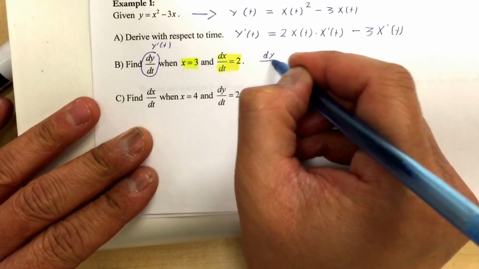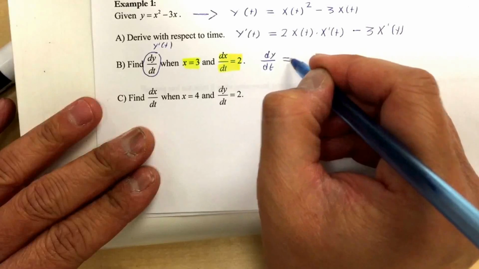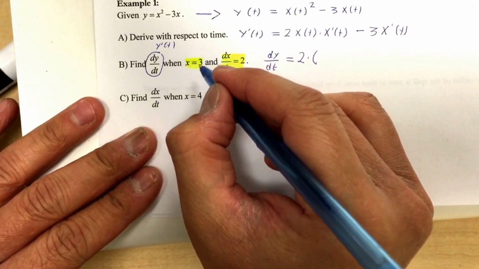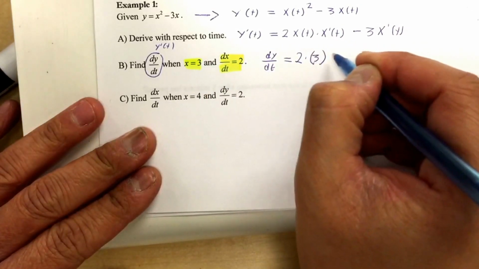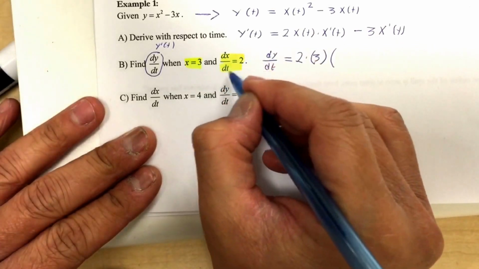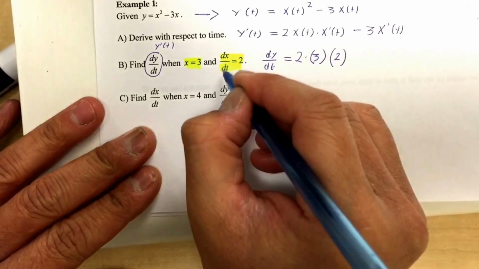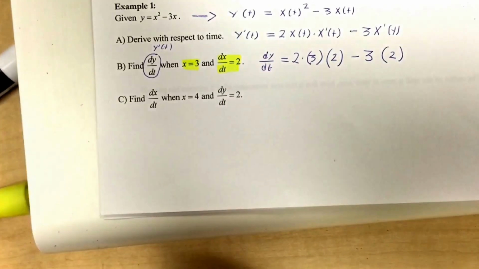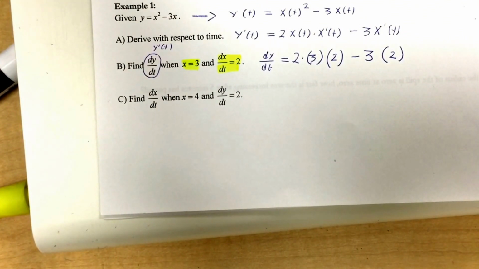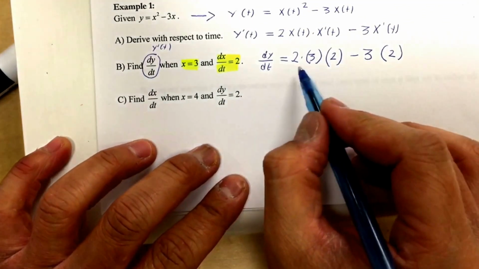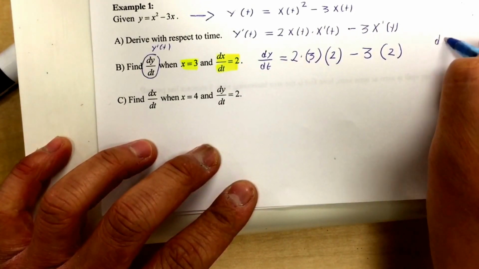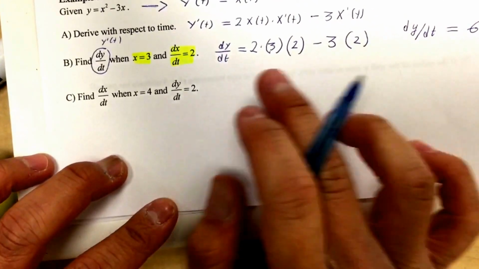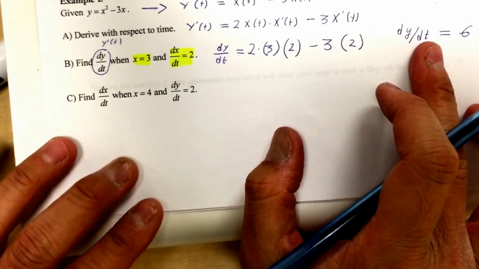So dy over dt is 2 times x of t, which is 3, times x prime, which is 2, minus 3 times 2, that's x prime. If we multiply everything together, we get 12 minus 6, which is 6. So the change in y with respect to the change in t is equal to 6.